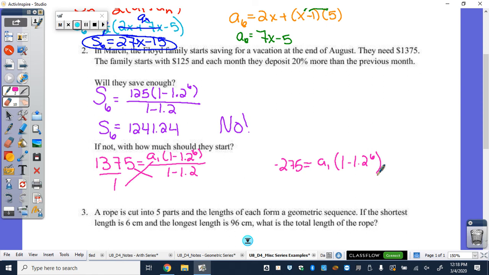Divide, which, yes, you could figure out what that decimal is and then just divide by the decimal.